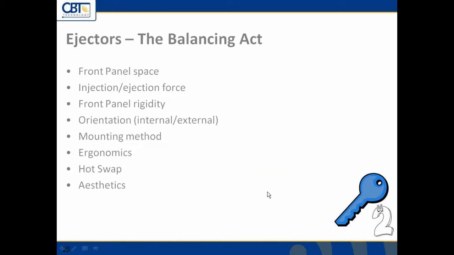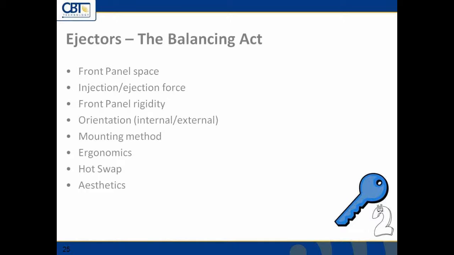Here we see, just to finalize this general thought about the ejectors, this balancing act that we have of trying to look at all these different considerations. How much front panel space do we have to play with has a bearing on the form of the ejector. The insertion extraction force has a bearing on the length of the ejector, or maybe even the width of it, to make sure that it's ergonomic.